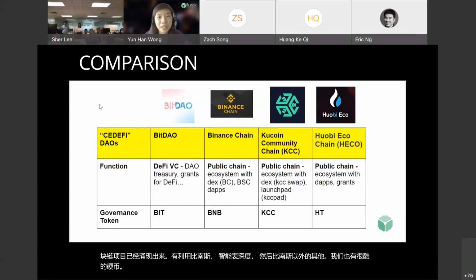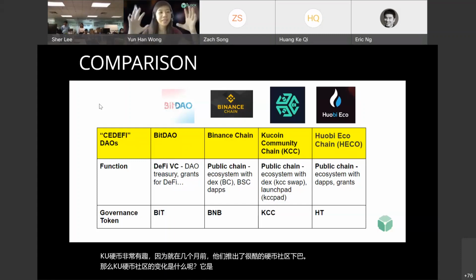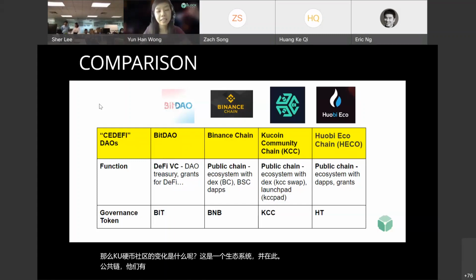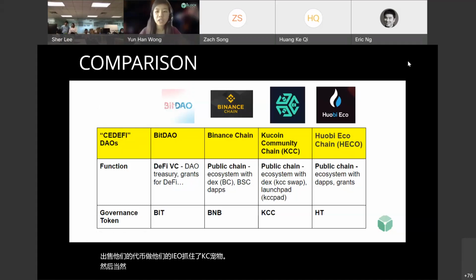Very interesting, because just a few months ago, they launched the KuCoin Community Chain. It is an ecosystem, and within this public chain, they have a DEX called KCC Swap. They also have a launchpad for projects to sell their tokens and do their IEO, called KCC Pad. And then, of course, we have Huobi Ecology Chain.